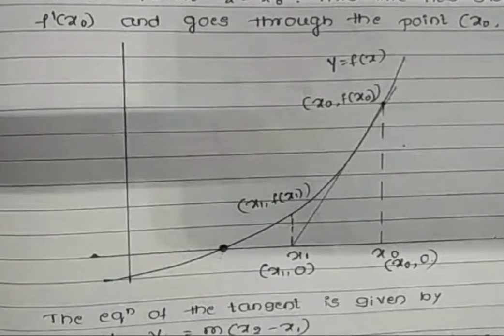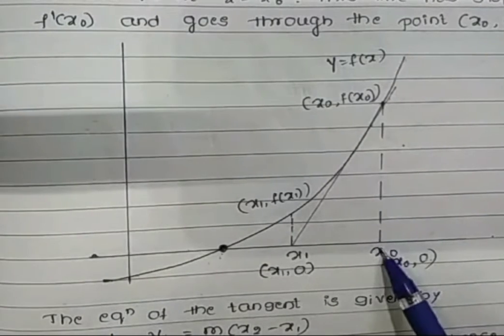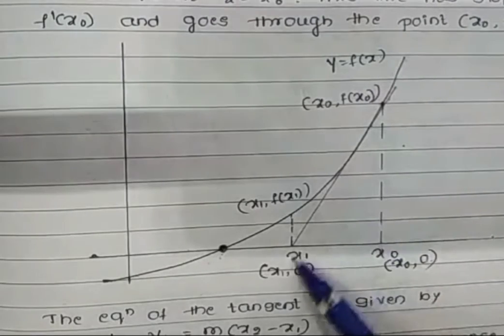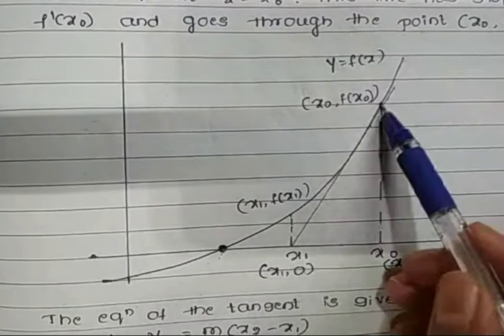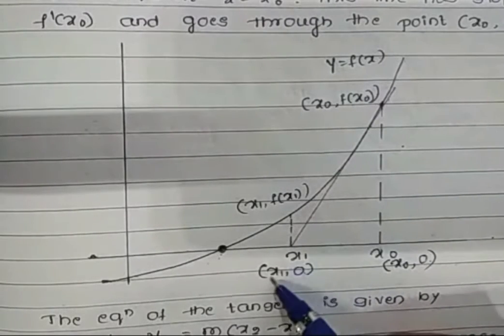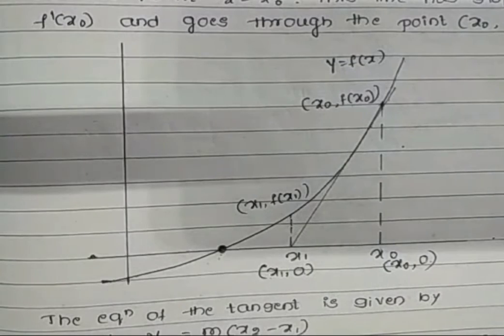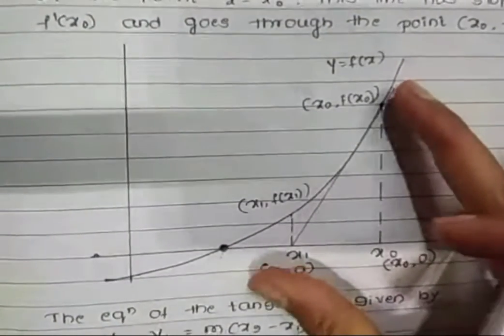So here, after drawing this curve and considering this tangent line, it cuts at two points. The first one is x naught comma f of x naught and the second point is x1 comma 0. Just consider this particular straight line separately.